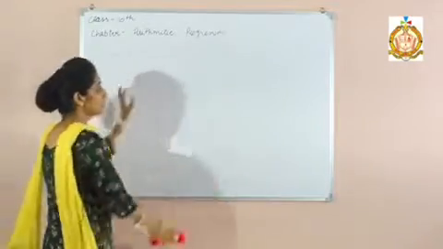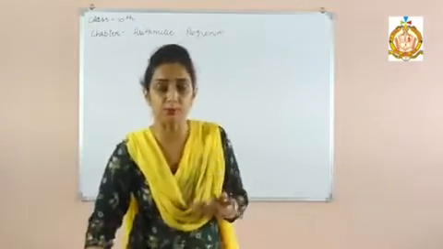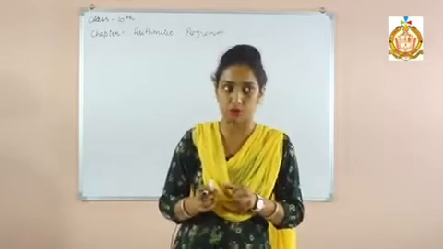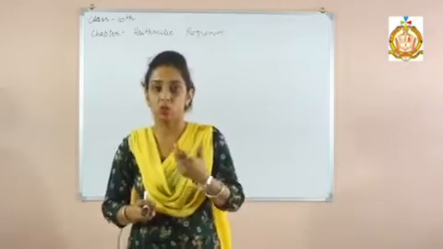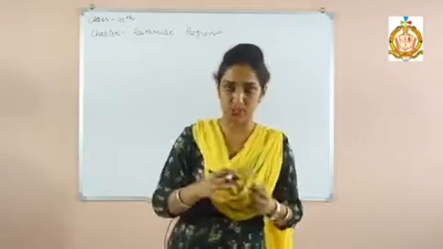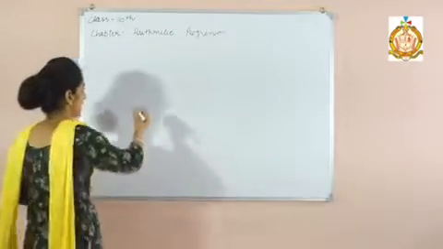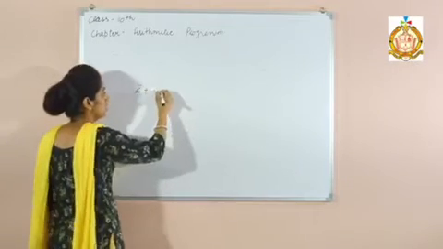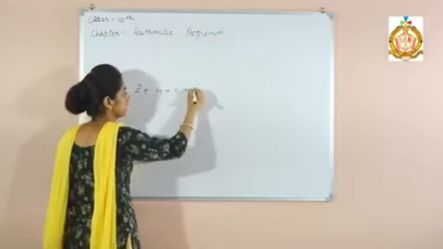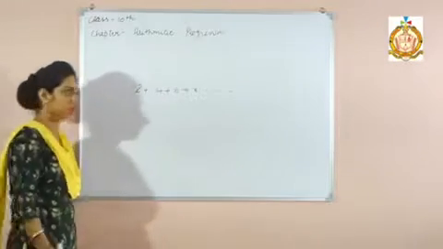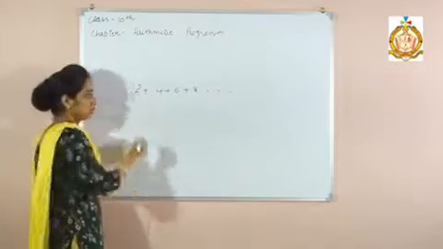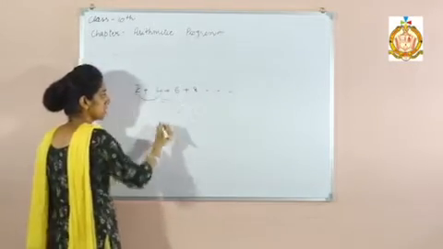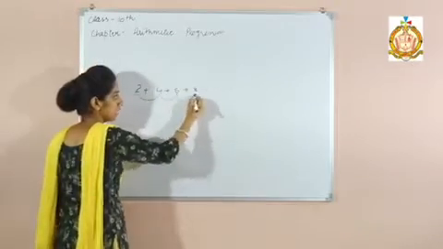Now what is arithmetic progression? AP is a sequence of numbers in which each term is obtained by adding a quantity to its preceding term. Suppose, again I will take the example 2, 4, 6, 8 up to so on. Now 2 plus 2 is 4, 4 plus 2 is 6, 6 plus 2 is 8.